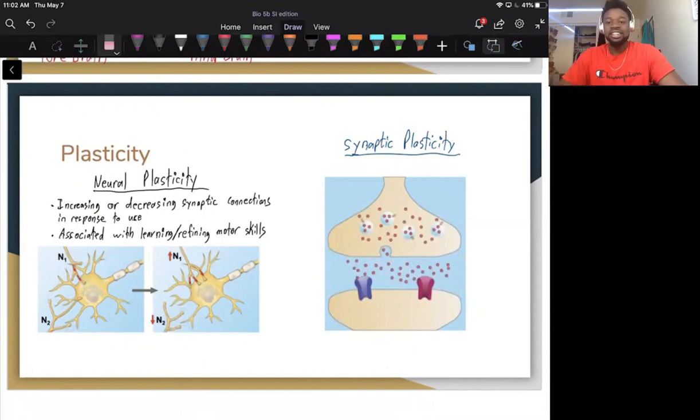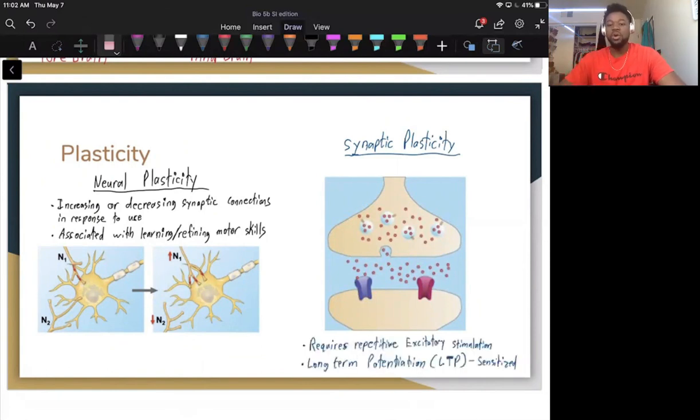And lastly is synaptic plasticity. Synaptic plasticity requires repetitive, excitatory stimulation, so back-to-back stimulation that ends with the release of an excitatory neurotransmitter, such as glutamate. When you have these repetitive excitatory stimulations, it's going to lead to long-term potentiation, which essentially leaves the postsynaptic cell much, much more sensitized to neurotransmitters.